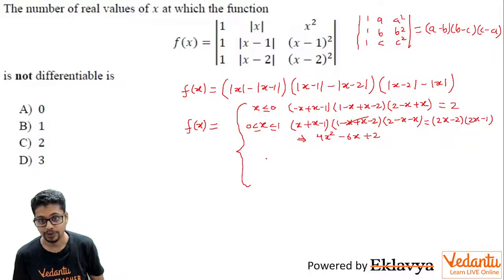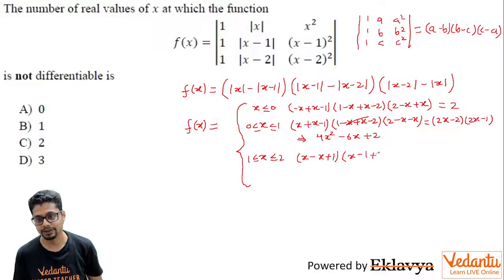Now what about when x is between 1 and 2? Only mod of x minus 2 will open with minus sign, the rest two will open with plus sign. So here you have x minus x plus 1 times, this will open with minus sign, so plus x minus 2, and here this will open with minus sign and this with plus sign.